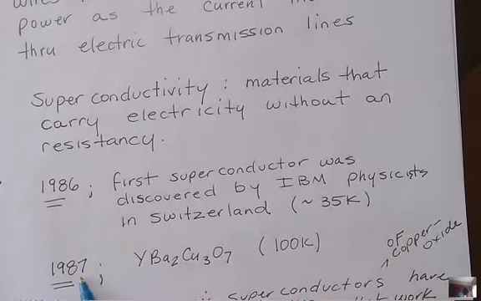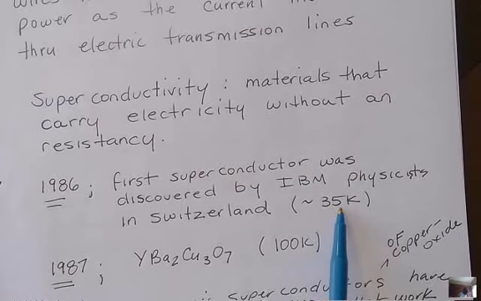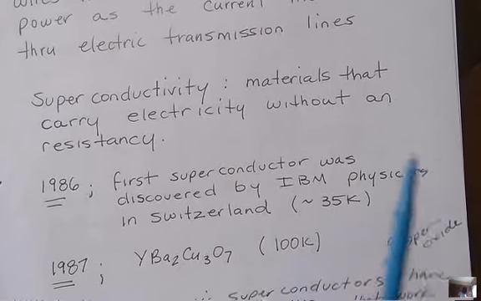In 1987, another group invented superconducting materials out of yttrium, barium, copper oxide. Those could go all the way up to 100 Kelvin, so that's much warmer. You don't have to keep them refrigerated to the ridiculous degree that you have to over here. The idea is we're progressing towards room temperature superconductivity.